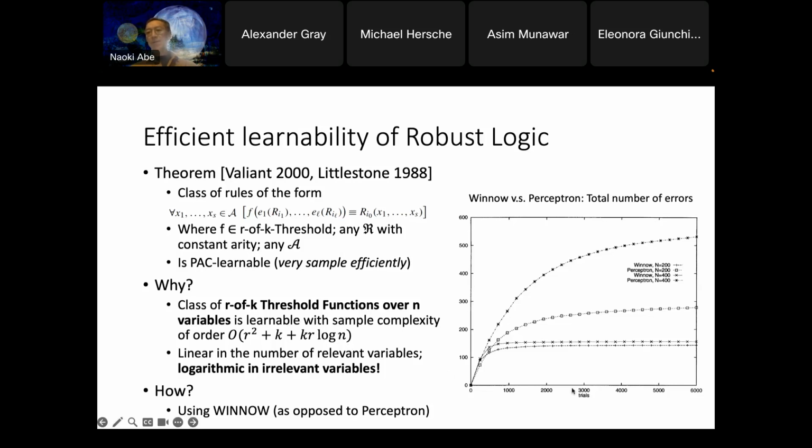So here's a graph that contrasts the sample complexity of Winnow and perceptron, where if you double the number of irrelevant features, the number of mistakes made by perceptron doubles, but the number of mistakes made by Winnow only increases slightly. So this is a very important aspect of the core of robust logic that we will see in action later.